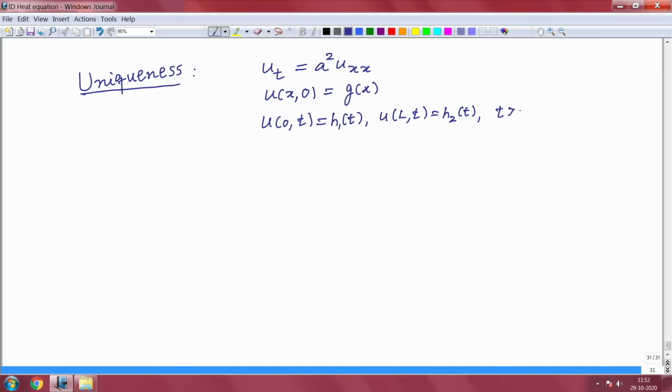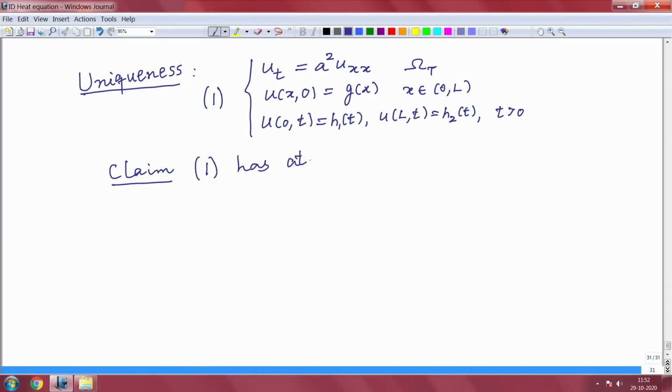So, t positive, x is in the interval (0, L), and this is in omega t. Okay. So, the claim is one has at most one solution. So, we are not claiming that one has a solution, but if it has one, at most one solution, then that is unique.